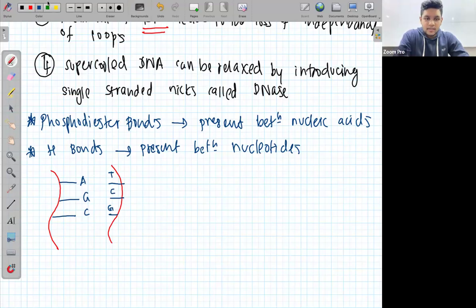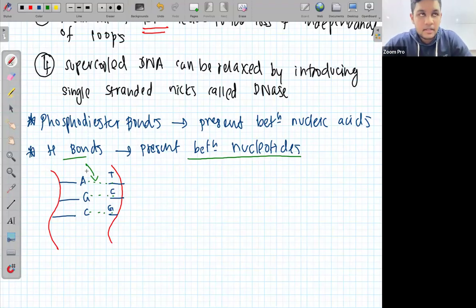Now, this red part is a strand of DNA. Between two strands of DNA, nitrogenous bases are present. What are they? The blue ones, right? Those nitrogenous bases are paired with a type of bond called the hydrogen bond, like this. So that is what he mentioned, between nucleotides, hydrogen bonds. If you say nucleic acids, I'm not talking about a deoxyribonucleotide.